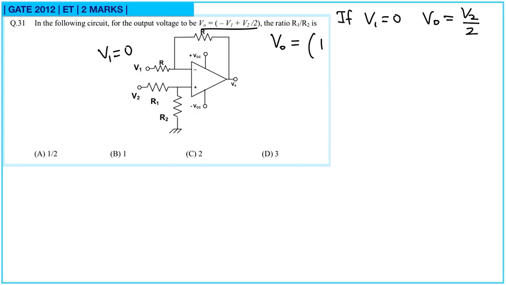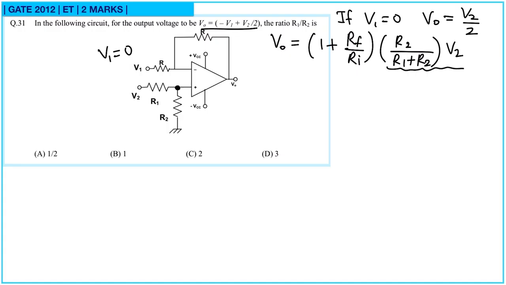So the gain will be 1 plus RF by RI, and the voltage at this point will be voltage across this R2 resistance. So that is R2 upon R1 plus R2 into V2. This is V2, but voltage at this point is this, and I have multiplied it by the gain. So that will give us the output voltage.